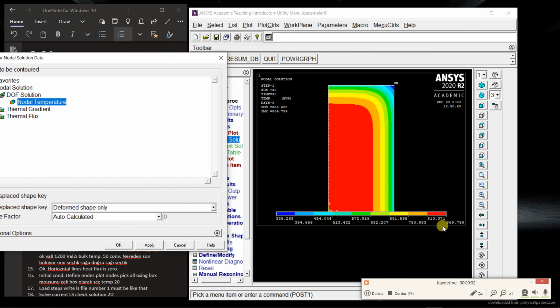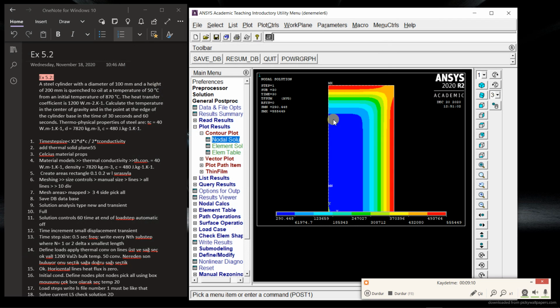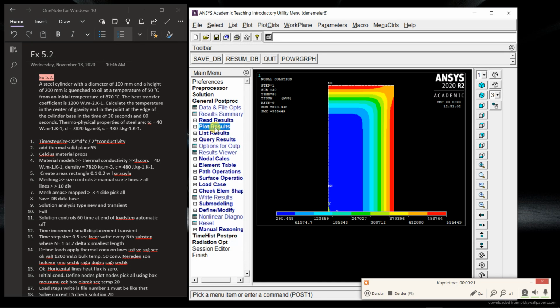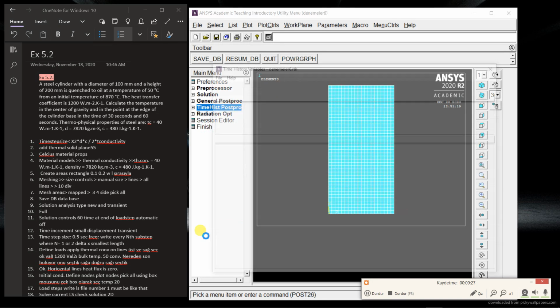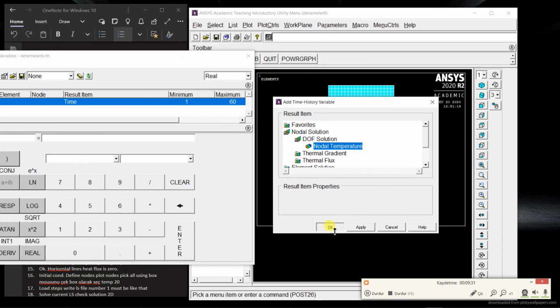Okay, let's look at here. So this is our answer. So look at here, look at our answer, and then the thermal flux is like okay, so maybe we can show by plotting the graph. Okay, so time history postprocessor, so add, so nodal temperature, it's okay.